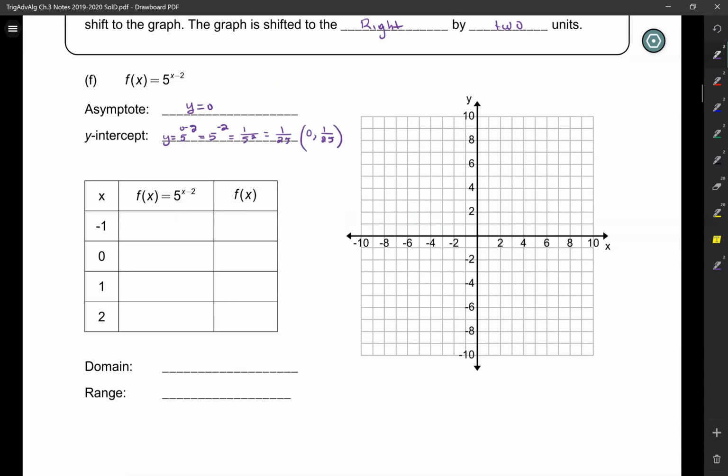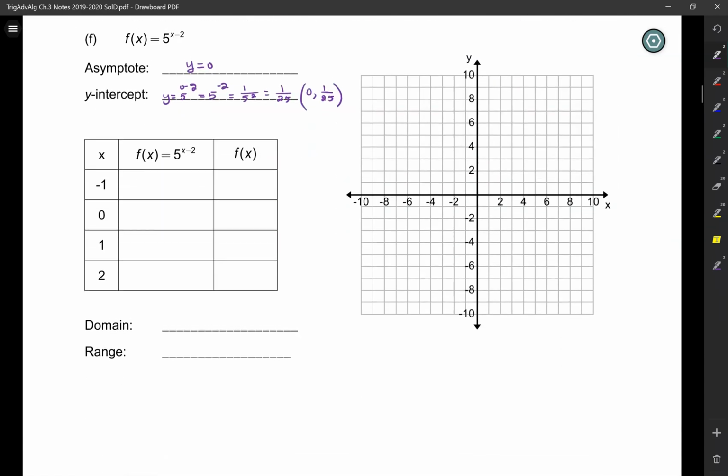All right. So now, take a look at this one. This is growth, so instinctively I picked these same points. But now, here I go 5 to the power of minus 1 minus 2, 5 to the negative 3, 1 over 5 cubed, that's 1 over 125, right?